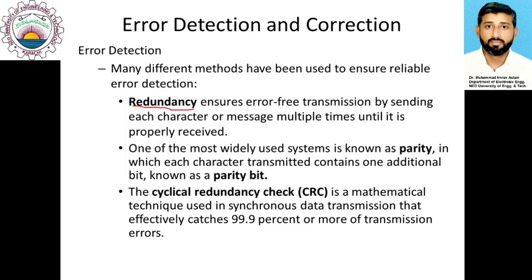If we need to transmit 10 bits, rather than transmitting 10 bits once, we transmit the 10 bits, then transmit the same 10 bits again, and then the same 10 bits again. So we repeat the transmission until we are sure that the exact copy of the message is received at the receiver.